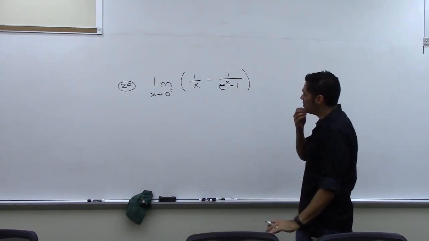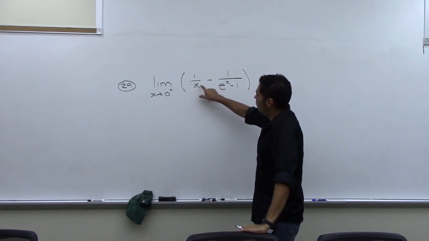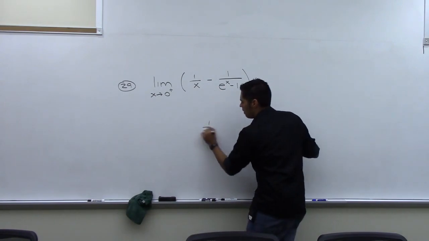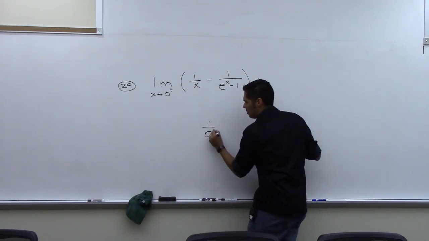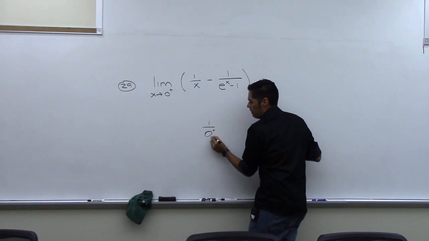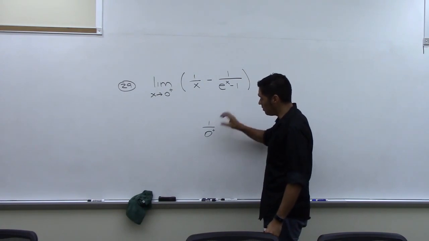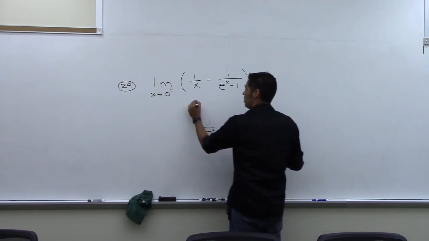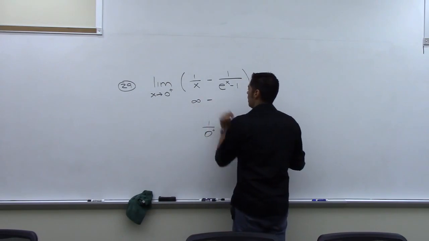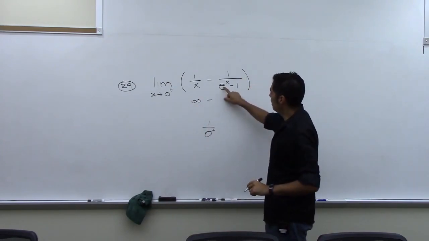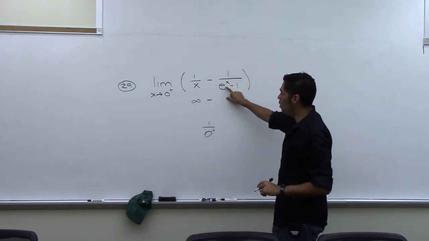All right, so if x goes to 0, 1 over 0, and we're approaching 0 from the right, so this is going to be a small positive number. This looks like fixed over 0, both of them being positive. It's going to go to positive infinity. So this goes to infinity here, minus, now, e to the 0 is approaching 1.